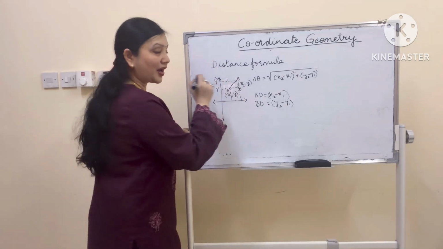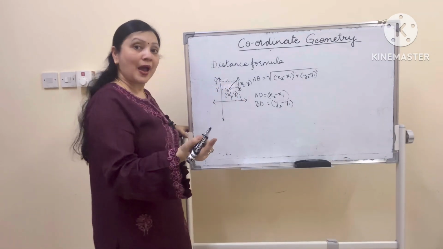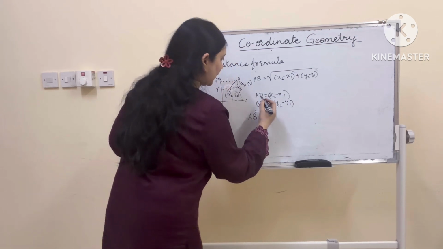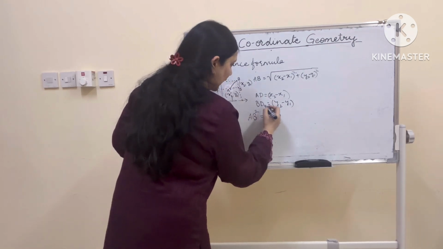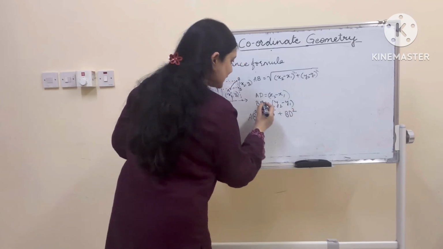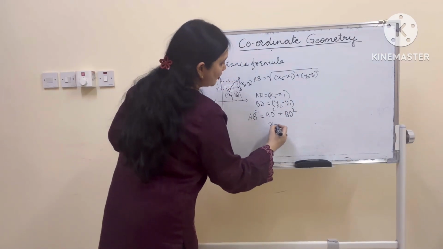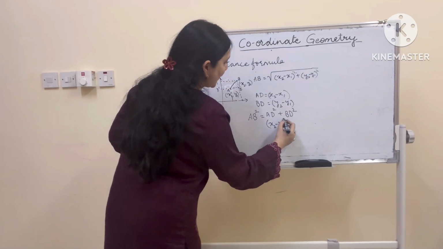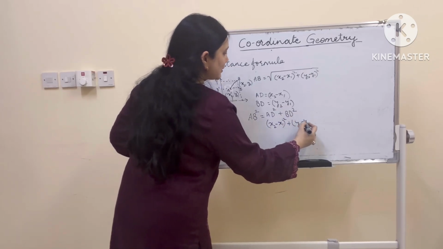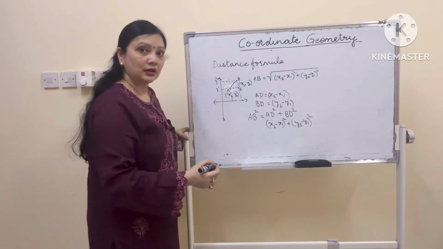Now if I have to find out AB, I will use Pythagoras theorem. AB whole square will be equal to AD whole square plus BD whole square. What is AD? It is x2 minus x1 whole square plus BD will be y2 minus y1 whole square, isn't it?